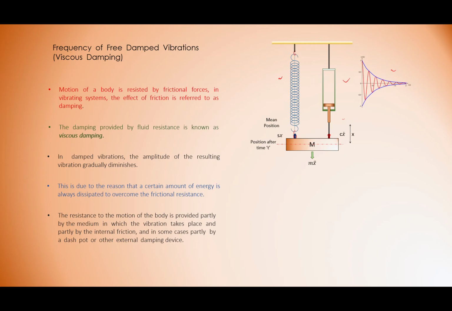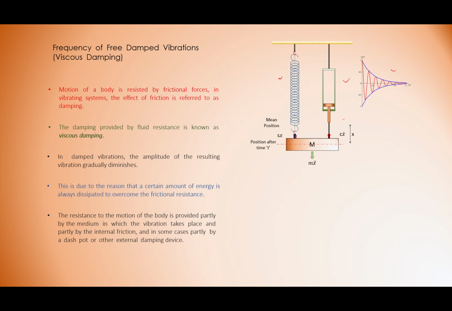For the spring, which is being extended, you have a restoring force of Kx acting upwards. And for the damper, when the piston moves downwards, there will be a damping force acting opposite to the motion of the mass.